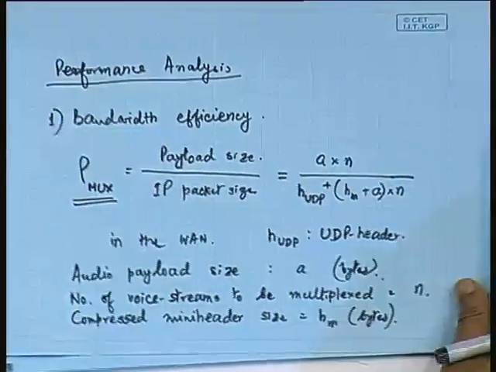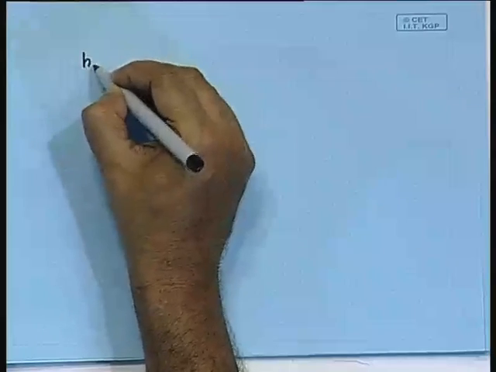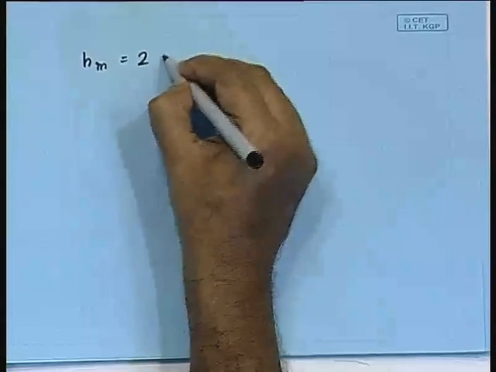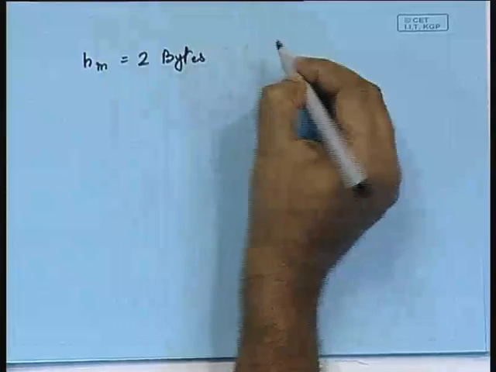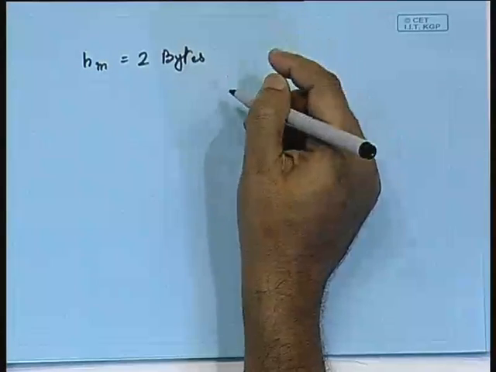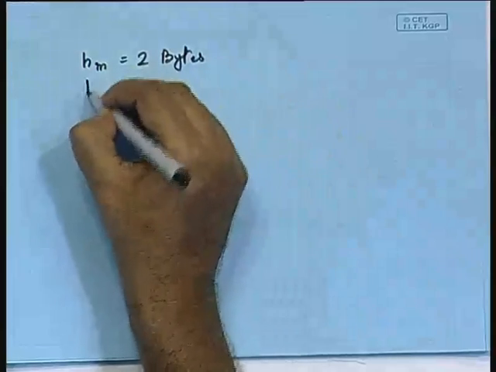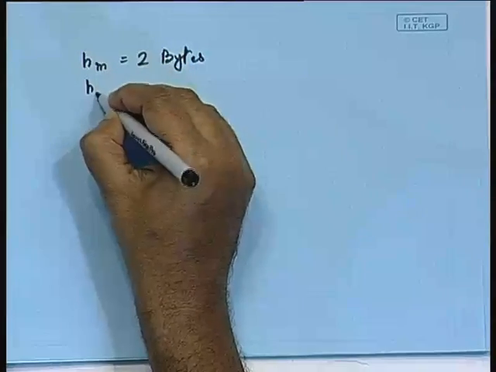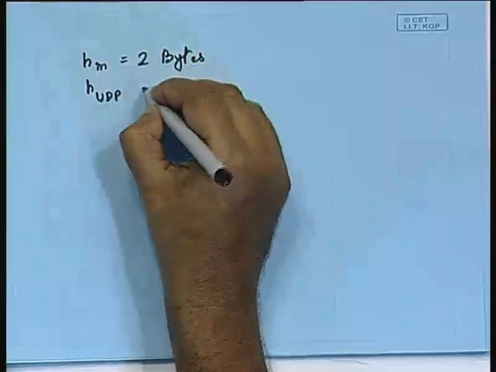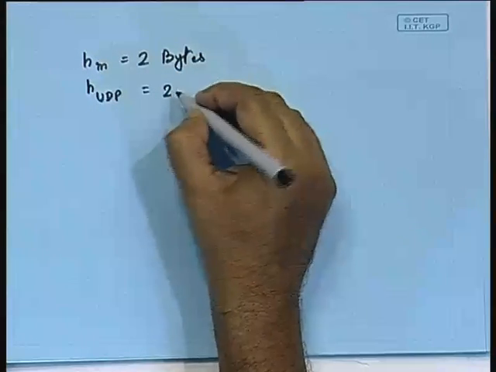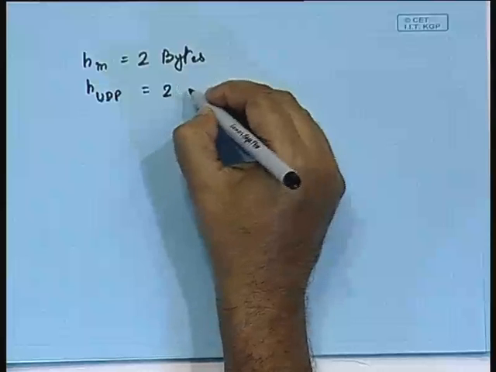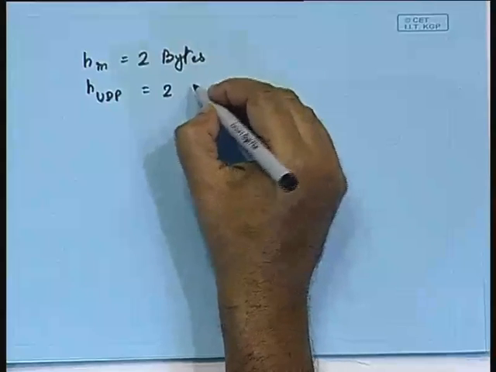But if we use the multiplexed scheme, let us put some typical figures into the expression we formed. Let us say HM, the mini header size, is 2 bytes, taking the compressed header size. HUDP is pretty large, 28 bytes.